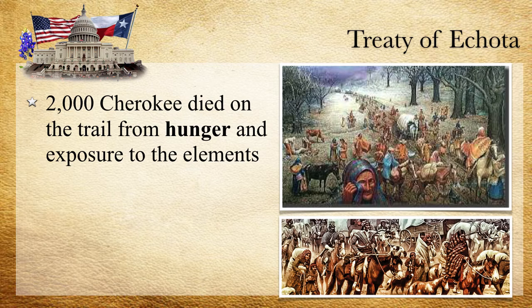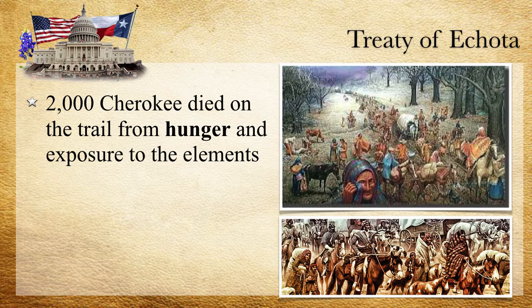I think as much as 10 to 15,000 people moving on this trail. Well, 2,000 of them died because they're hungry, it's freezing, children die, old people die, different reasons, but it's just not a pleasant experience.